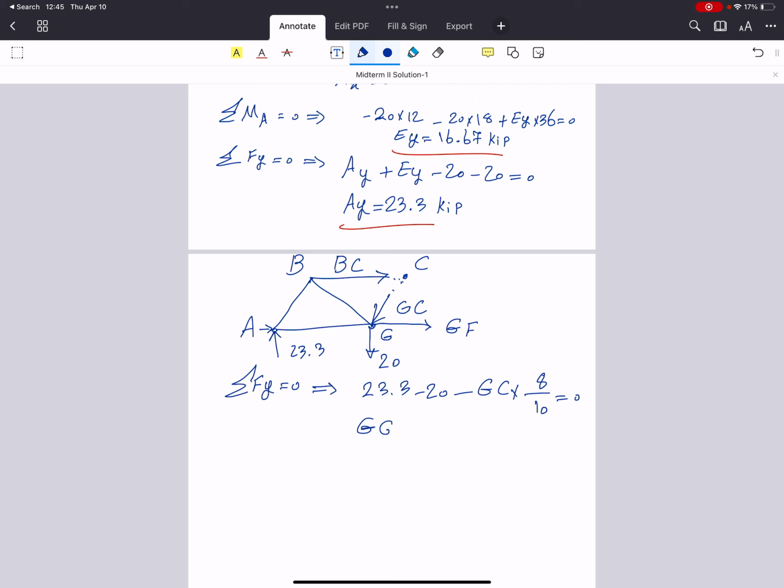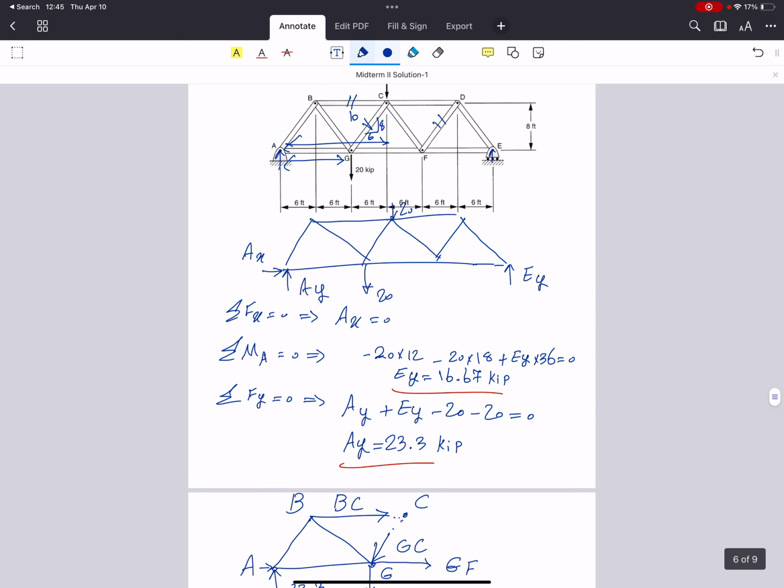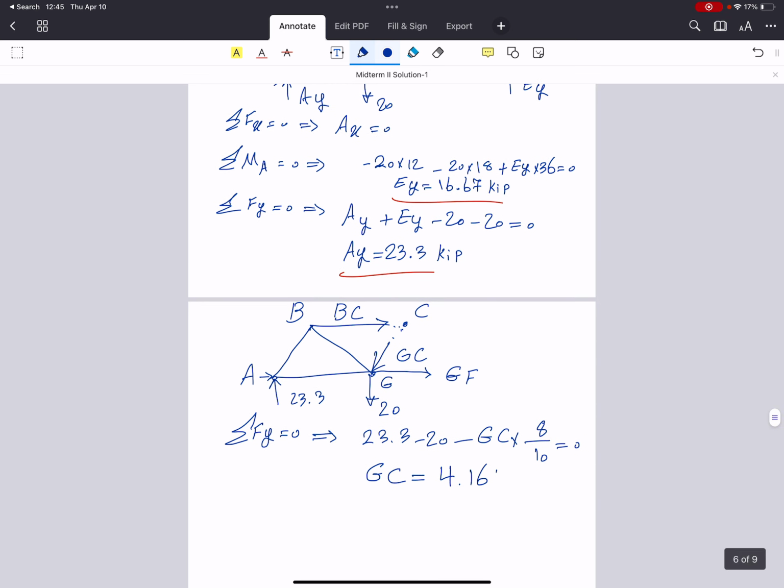My GC will be 4.16. Is it kip? Yes. And that is compressive.